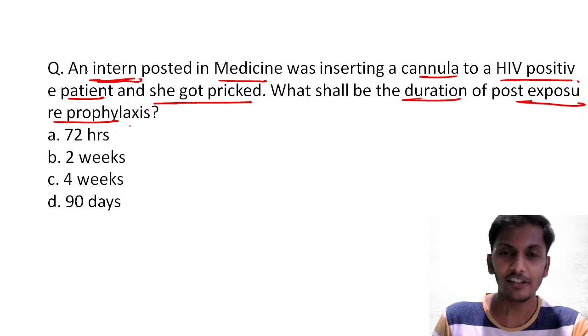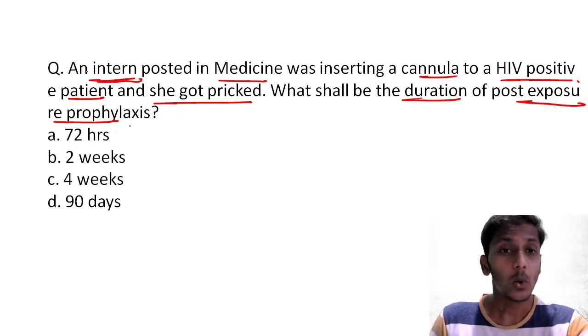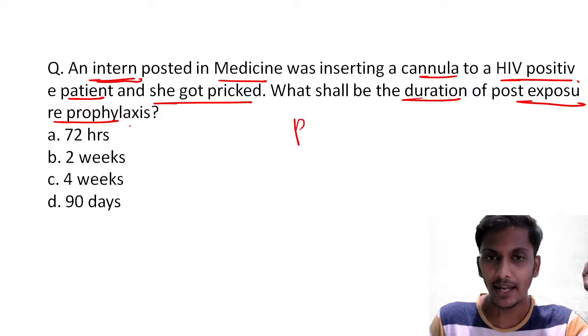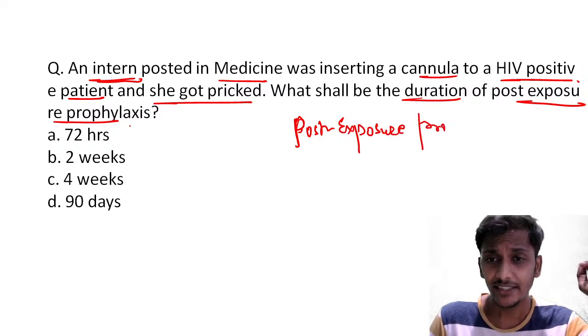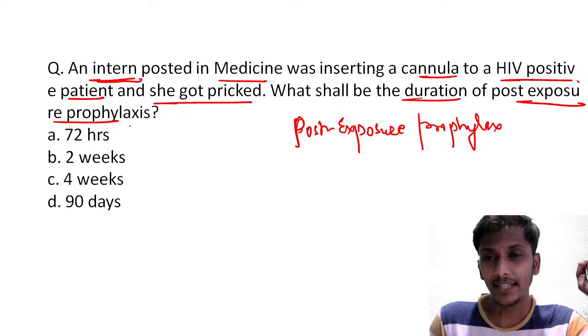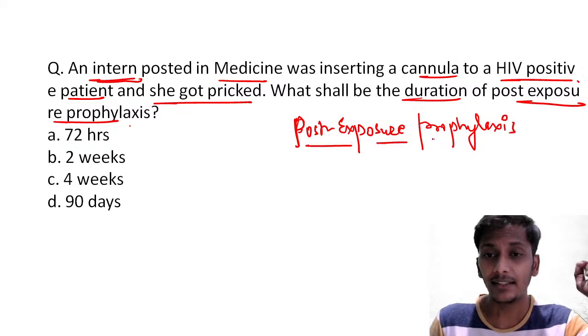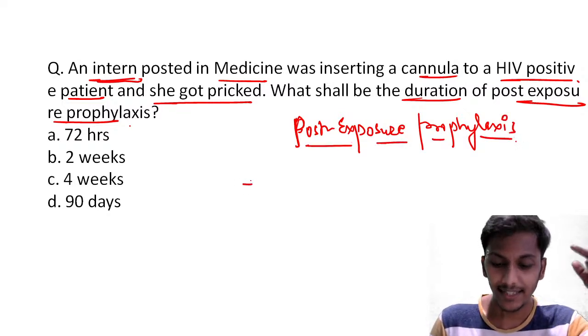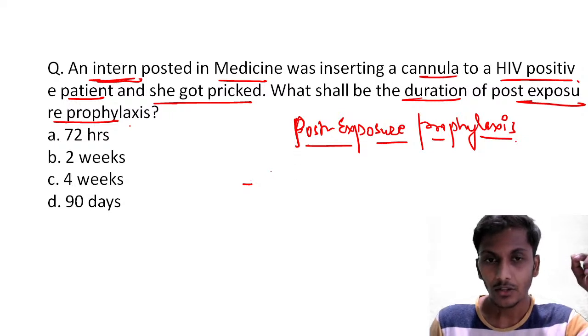So the intern got herself pricked by an HIV positive patient. Now, what is the duration of post-exposure prophylaxis? As we all know, post-exposure prophylaxis in cases of HIV should be started when? The onset I am asking.